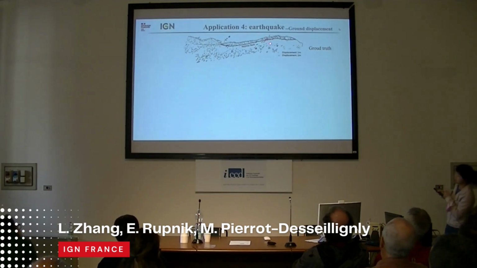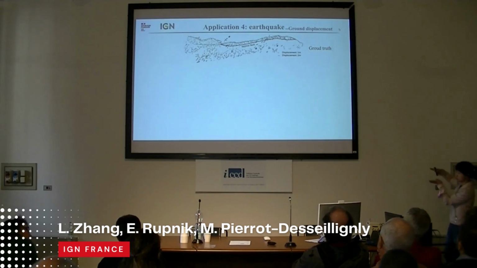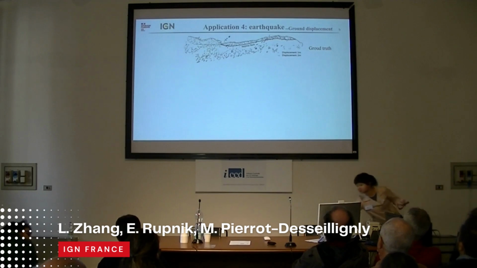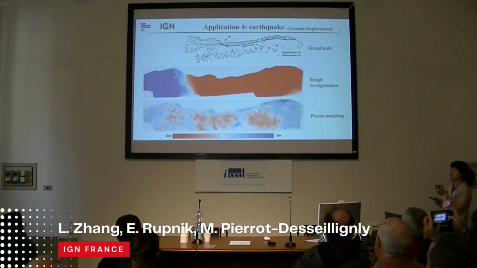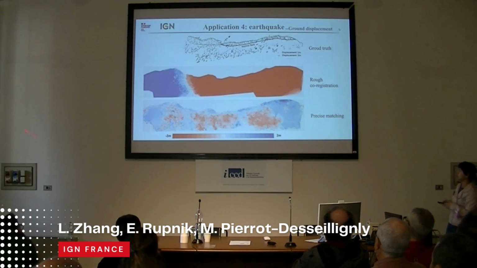So we can see on the upper part of the Nojima fault, the arrows are mainly this way, and on the lower side, they are basically this way. So that is ground displacement like this. And this is the ground displacement calculated with our pipeline after rough and precise matching.